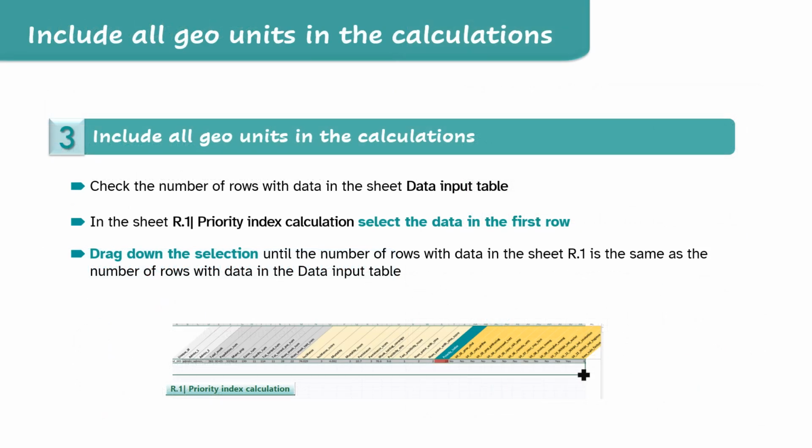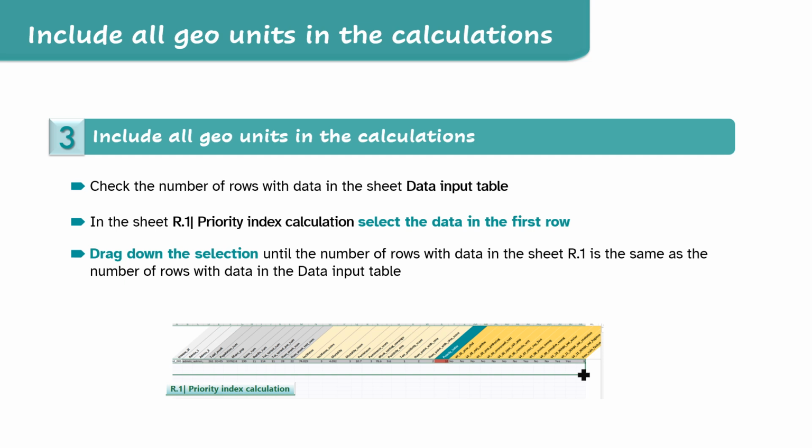The third step is to include all the geographic units of your dataset in the calculations. Check how many rows are filled with data in the sheet Data Input Table, then go to Sheet R1 Priority Index Calculations. In Sheet R1, you will see that calculations have been performed for one row. These are calculations for the first geographic unit of your dataset.